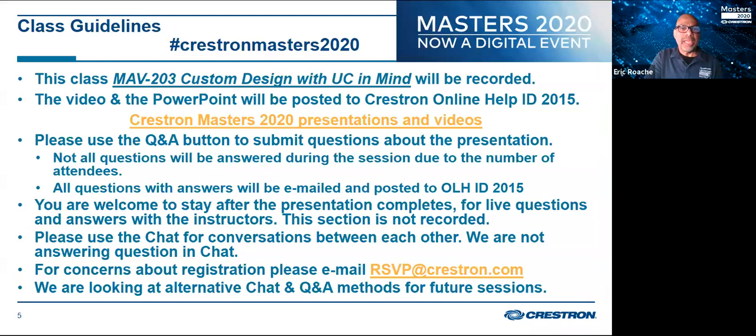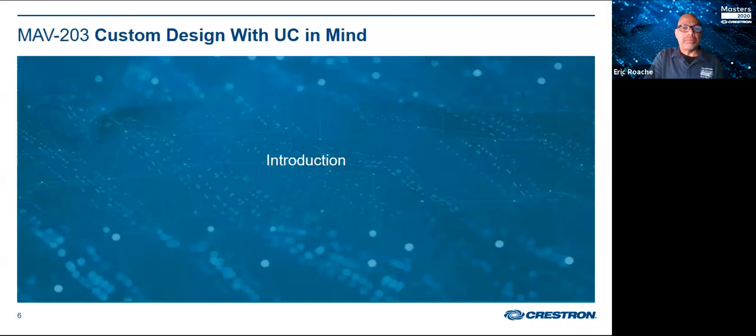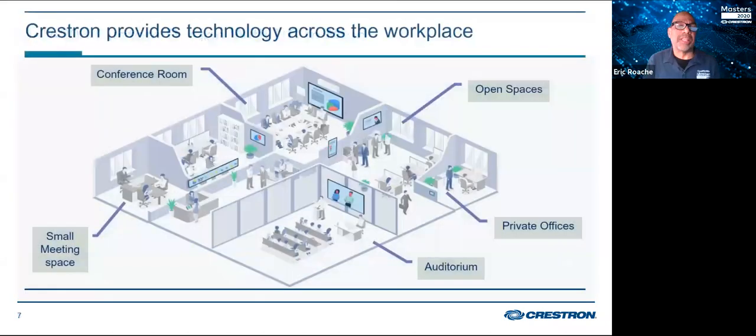Let's get into the courseware right now. So our Flex product line, our unified collaboration product line, is designed to satisfy the UC need in a variety of workspaces in a typical commercial workplace, everything from private offices to conference rooms, open spaces to small meeting spaces.